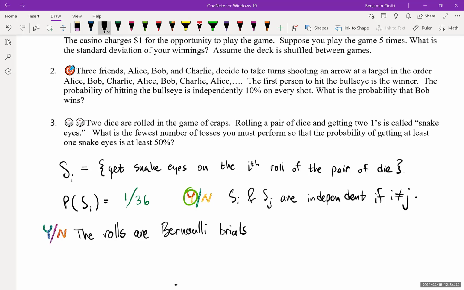I encourage everyone to answer. We've got 50 folks here, so hit yes or no. Are the rolls Bernoulli trials? Are they independent, and is the probability of success the same on each one? By success, I mean getting snake eyes. So yes, they are. It's 1 out of 36 on each roll. The rolls don't affect each other.